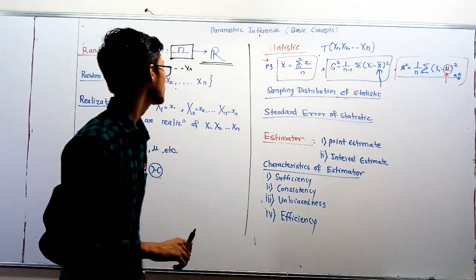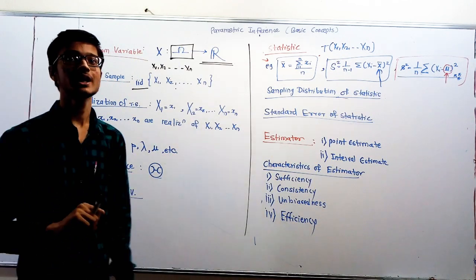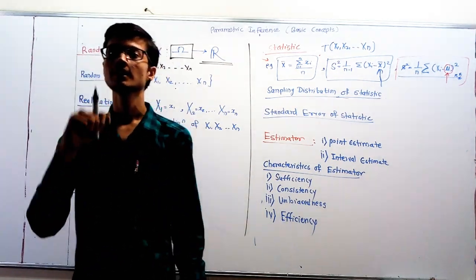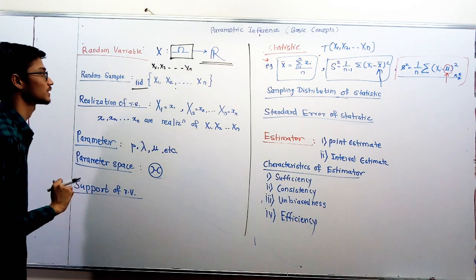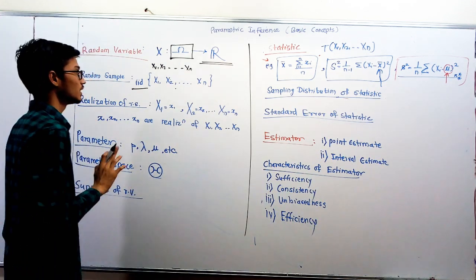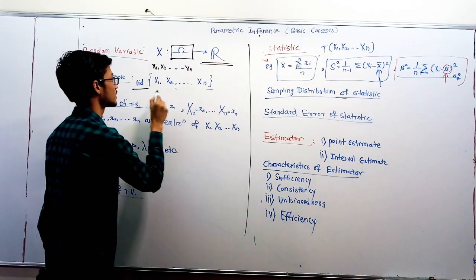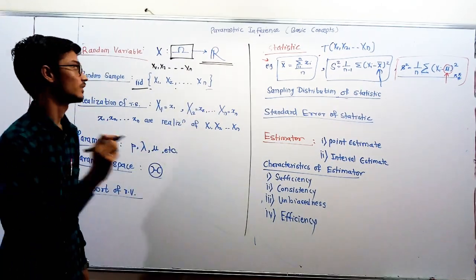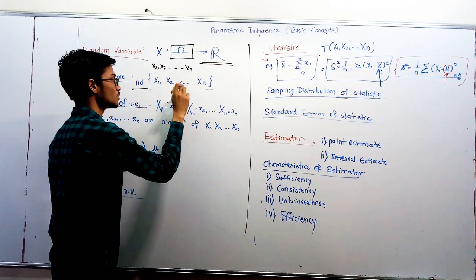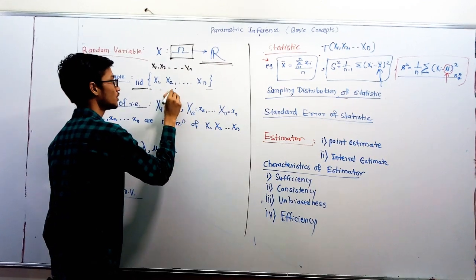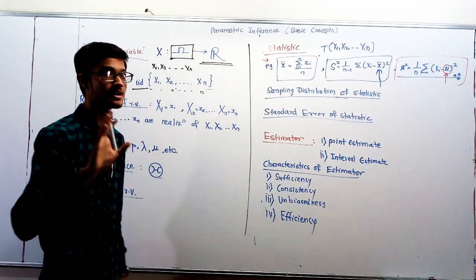What is random sample? The set of n IID random variables. See now, that is x1, x2 up to xn. How many are there? n.